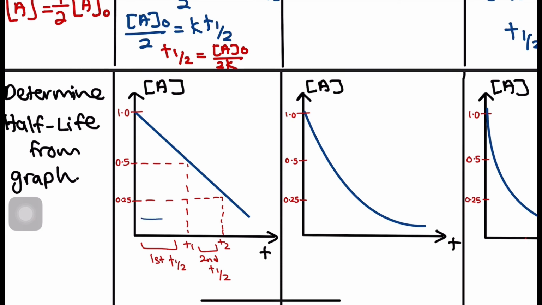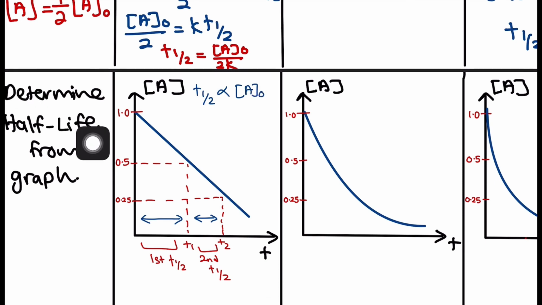From here, you can see that the length of half-life is decreasing. This is valid because, as we can see from the half-life equation, half-life is directly proportional to initial concentration. Therefore, when the initial concentration is decreasing, half-life also decreases.